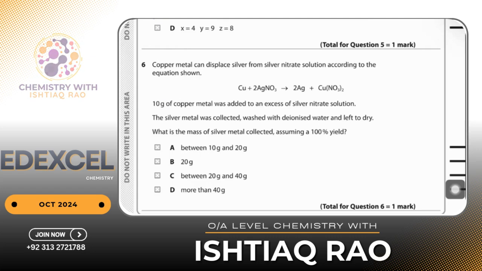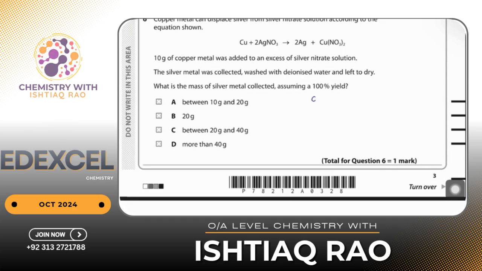We can also find mass from mass, but we can also solve it through the moles. Let's say I'm taking copper and I'm taking silver. The MR of copper is 63.5, and the MR of silver is 107.9.